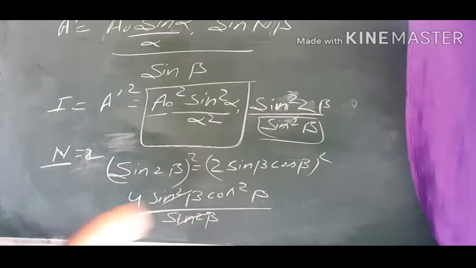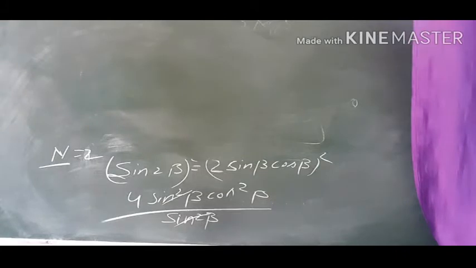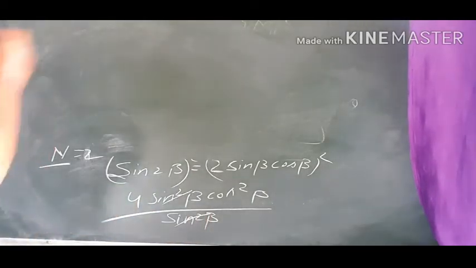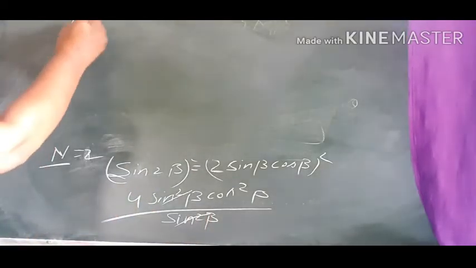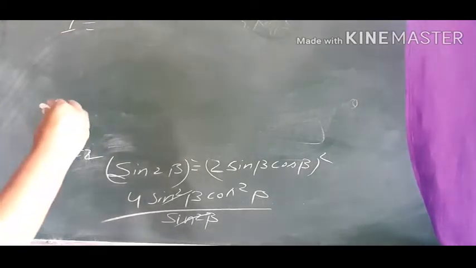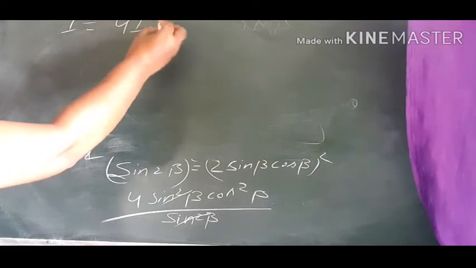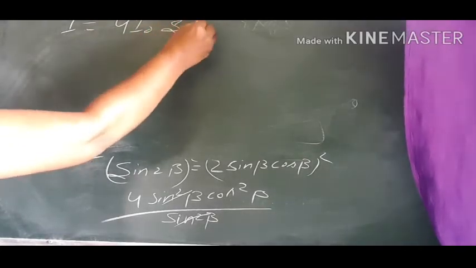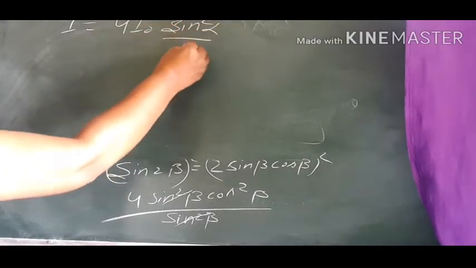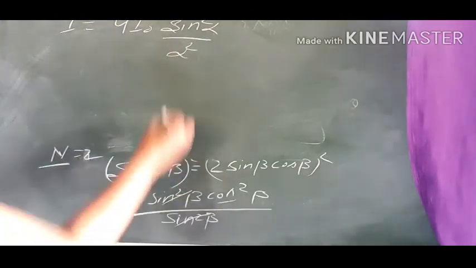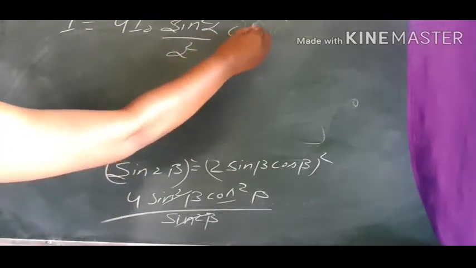The sin square beta cancels out, and we finally get I is equal to 4 I naught sin square alpha by alpha square into cos square beta.